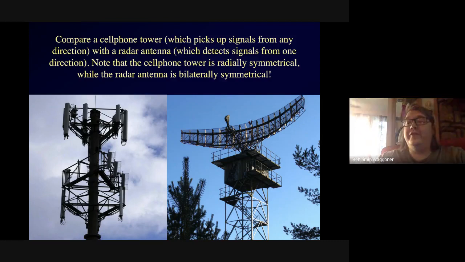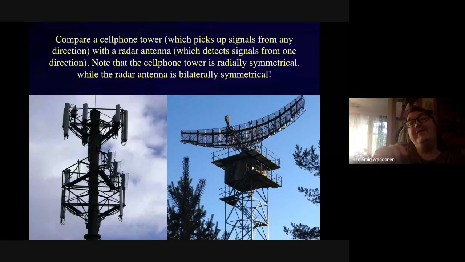And the reason is the same as for the sea pen. The cell phone tower picks up signals coming in from any direction, right? Your cell phone could be on any compass bearing relative to the tower, so the cell phone tower has to pick it up from anywhere. The radar antenna detects signals only from one direction.